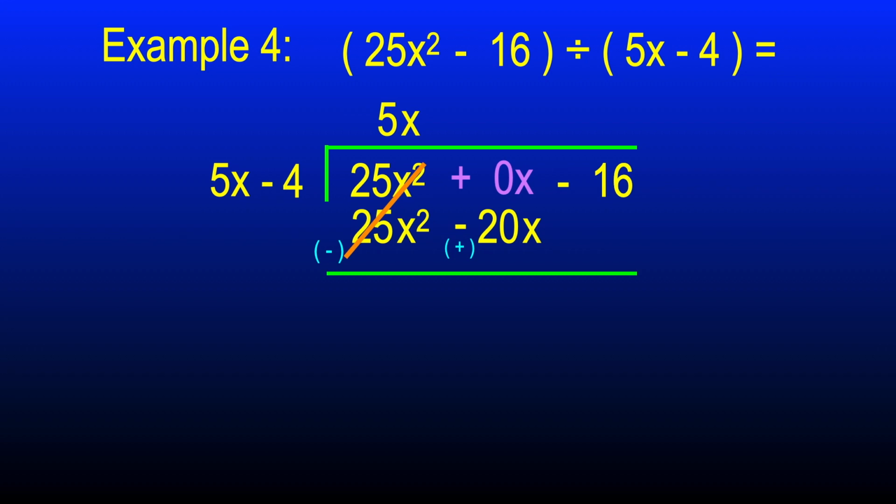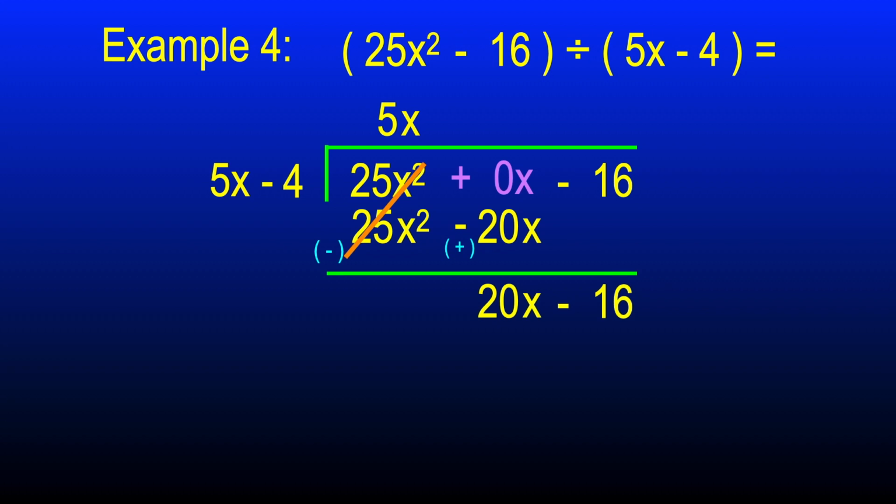Then, 0x plus positive 20x is positive 20x. So, ayan, 20x na lang. Kasi understood na yun na positive pag walang sign. So, saka natin i-bring down si negative 16.